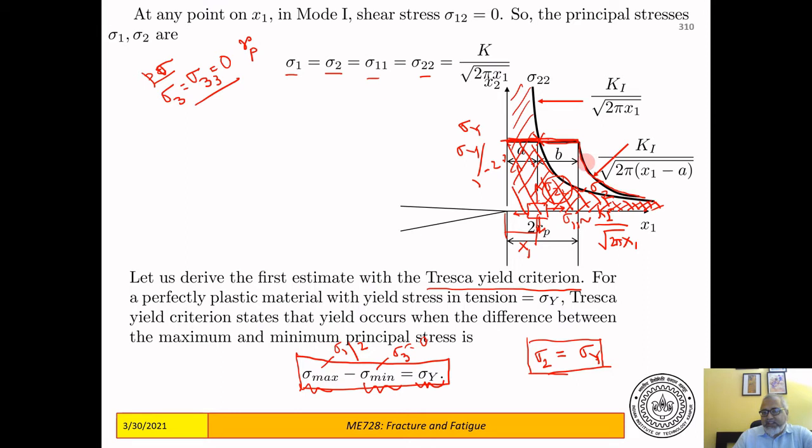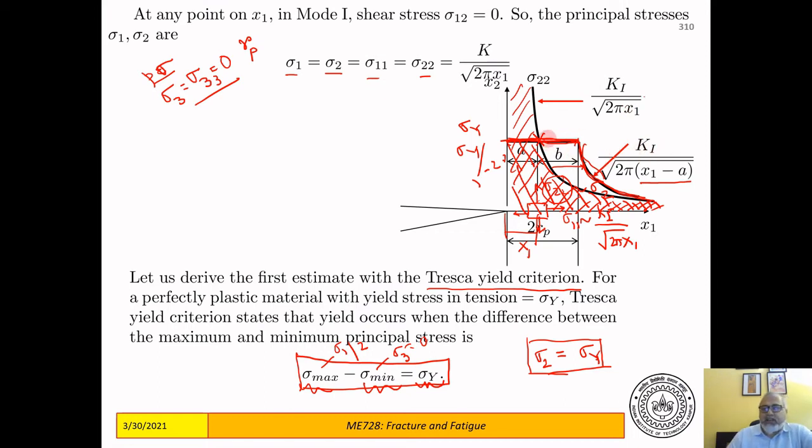So this linear elastic solution is basically a shifted form of this graph. From here you have shifted it by an amount a. So if this is K by root 2 pi x1, this plot is K1 by root 2 pi (x1 minus a), because this is the same graph shifted by an amount a.